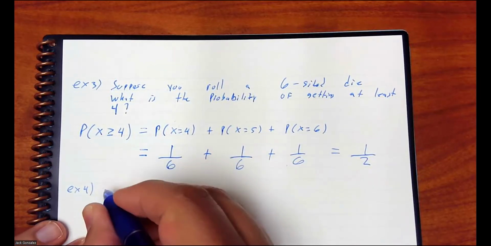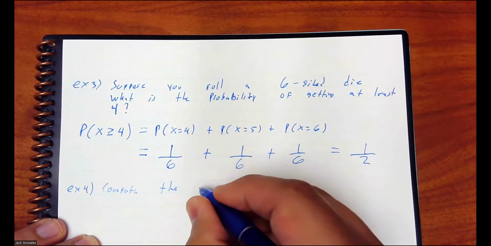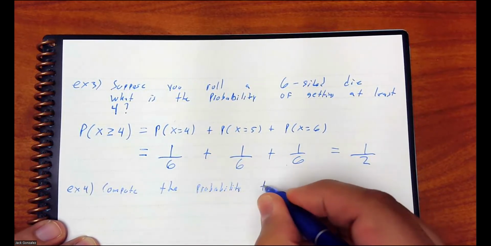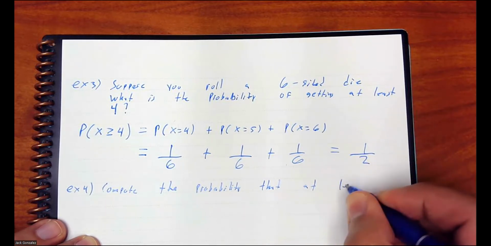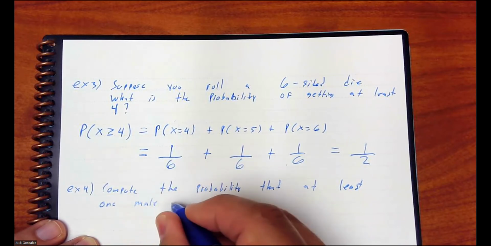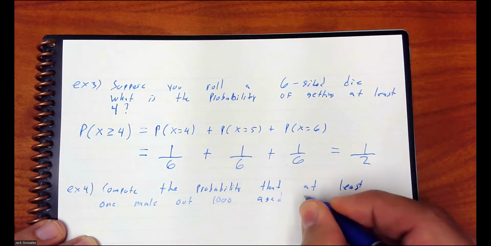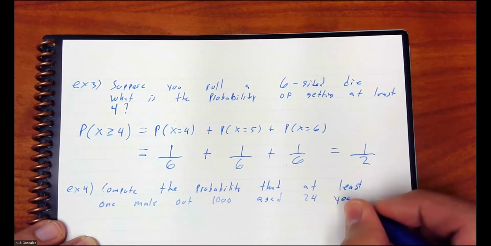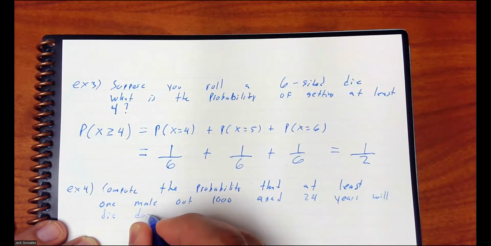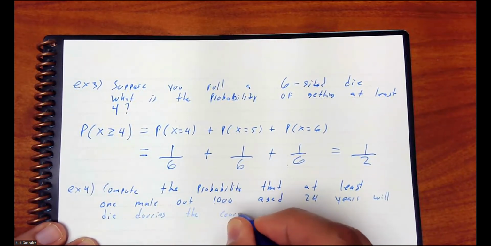Here's a question from the book. Compute the probability that at least 1 male out of 1,000 aged 24 years will die during the course of the year.